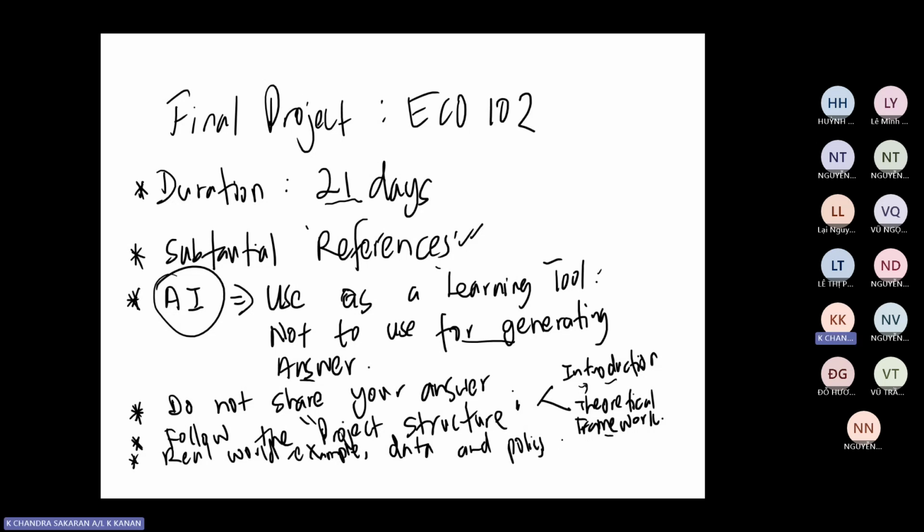Make sure you also use an economic model. You can use an economic model to analyze the outcome of a certain economic event. You can use the model to analyze the outcome of a certain policy that the government uses. Okay, clear. So these are very important.